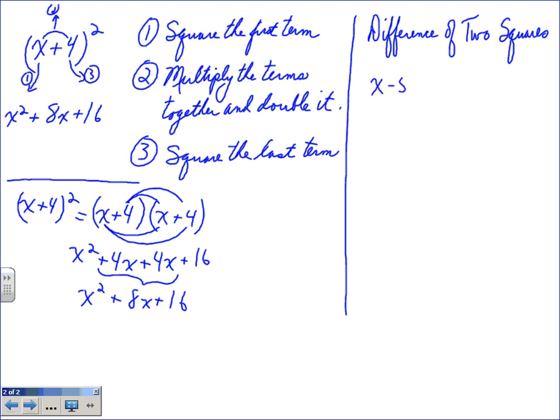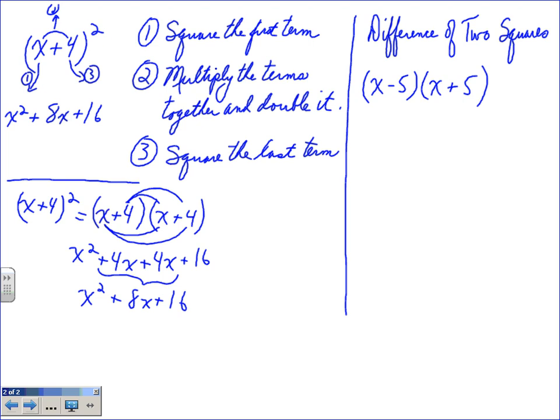X minus 5 times x plus 5. Can anybody tell me what a quick answer would be? Yeah. No? What do you think? X squared minus 25. That is the answer to this problem. X squared minus 25. This is why.